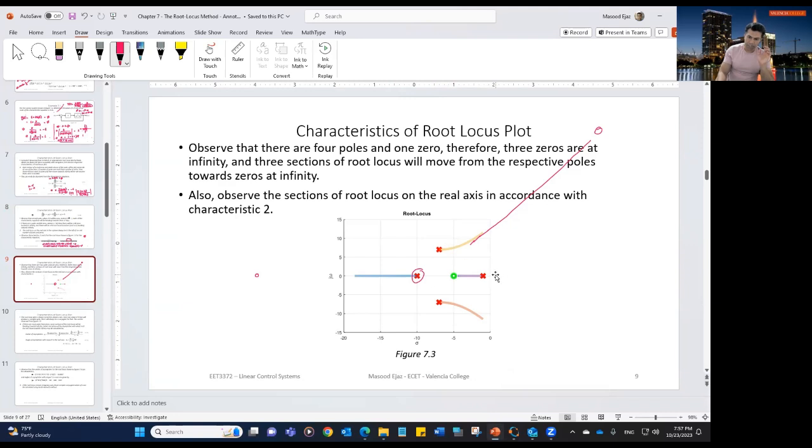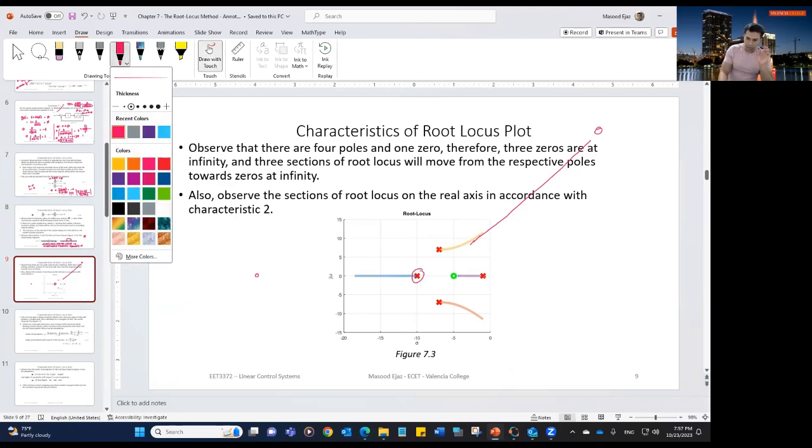So for example, in this case, you have only 1 pole over here. So this part is part of the root locus on the real axis, since on the right-hand side of this, you have only a single, or odd number, pole.